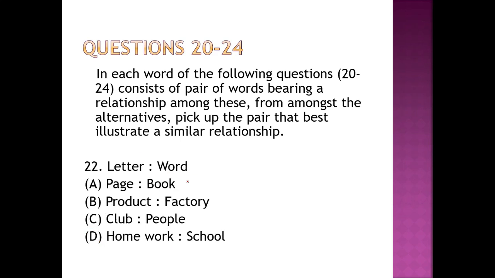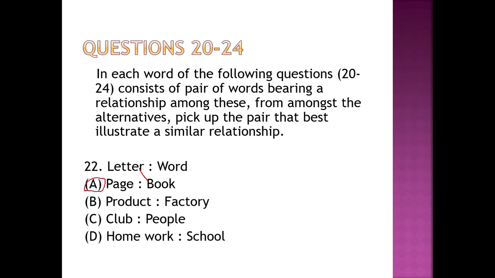Let's look at the other one. Letter and book. Letter and word, sorry. You see, I'm so tired. I read it this way. All right, letter and word. First, words are made up of letters. So right away, I say that this is the answer.